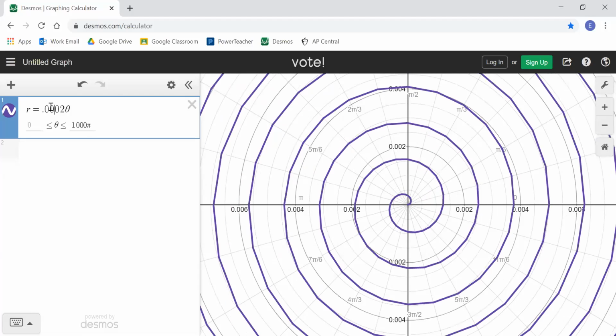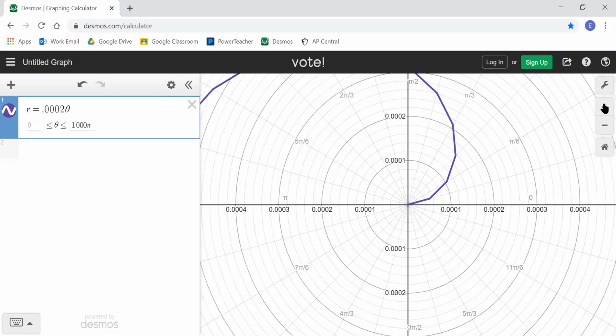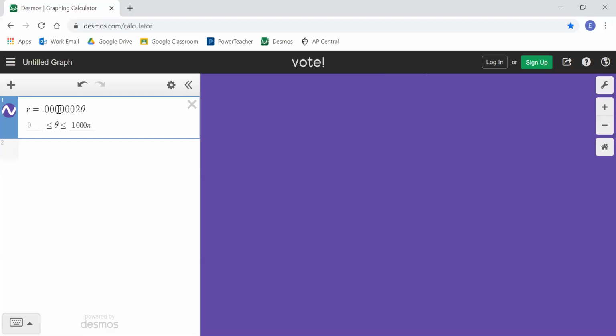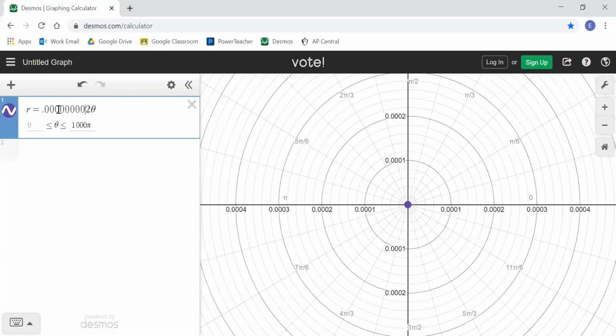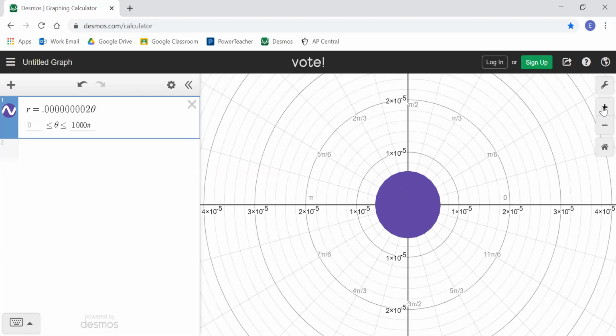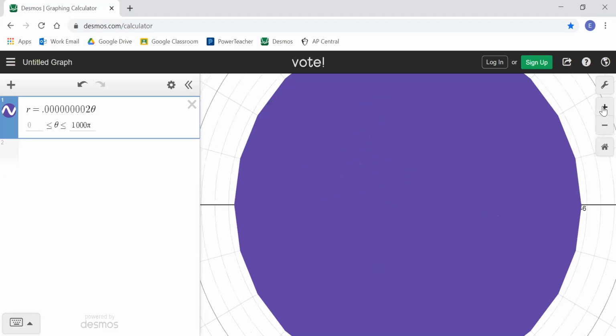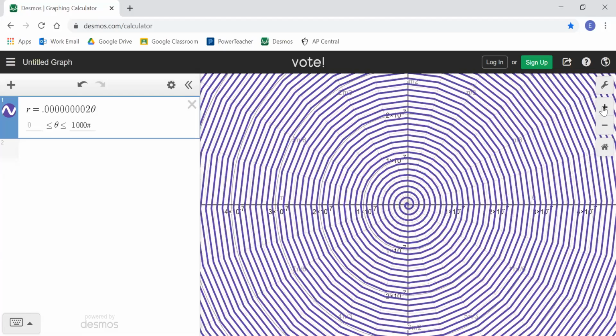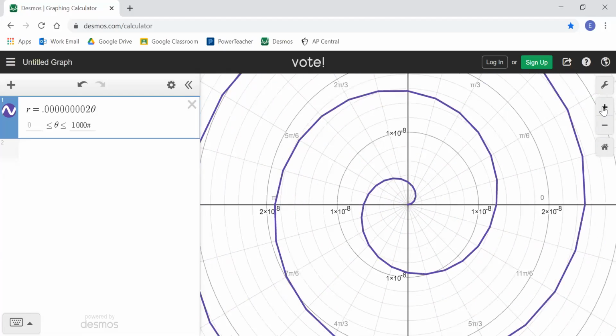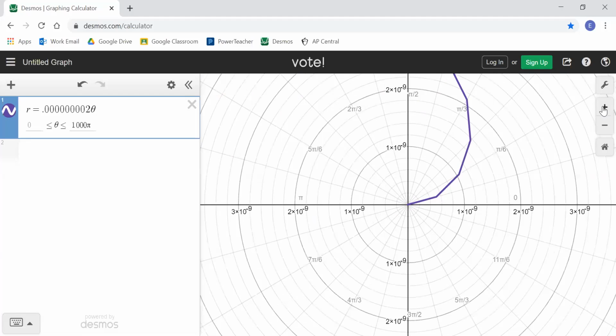So you'd have to put a lot of zeros here for us to be able to zoom in for even a little bit, and then already it's just looking not that exciting again.